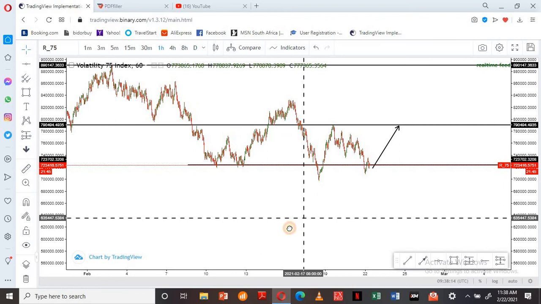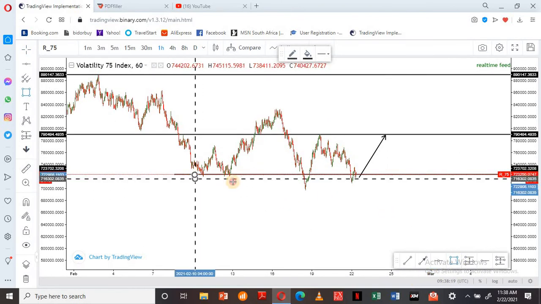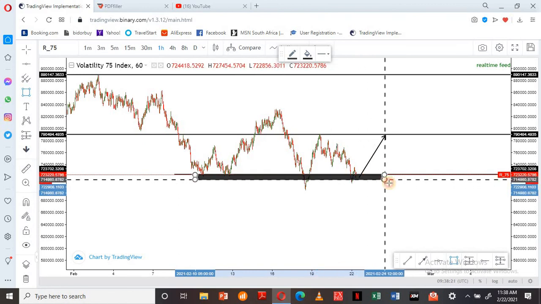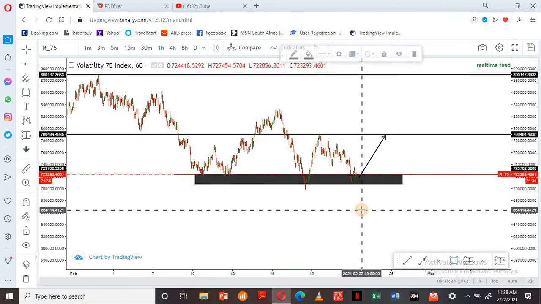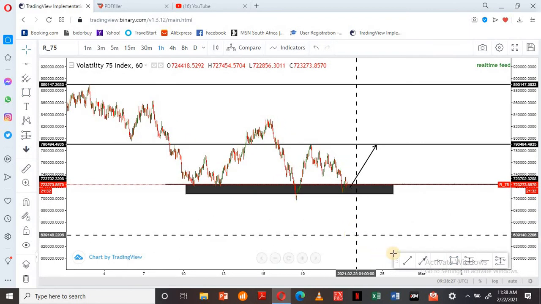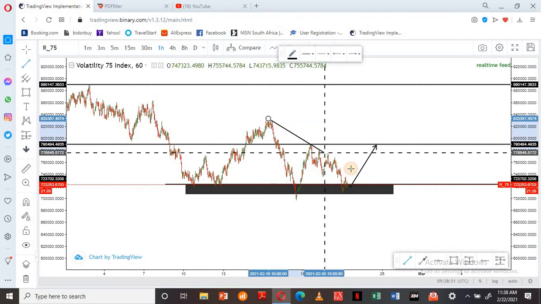So now we are on the daily chart. We had our level here. Now we are on the 1-hour time frame.